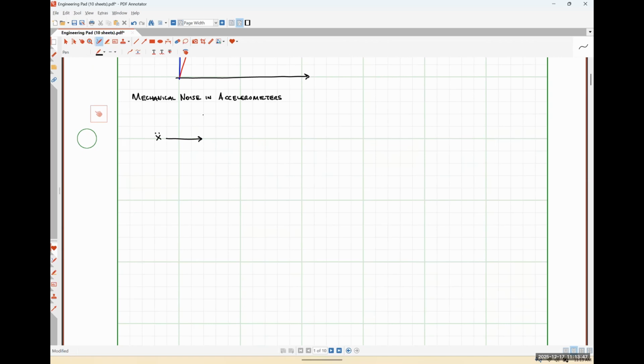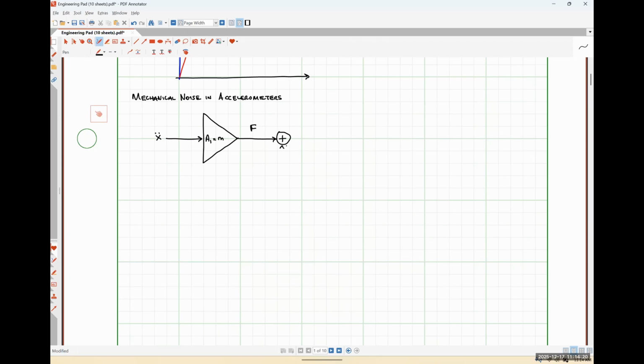So looking at an accelerometer from a signal flow diagram perspective, we have our input signal of an acceleration, which is going to be fed into this first stage. So I'm going to say that this is stage A1, and this is the acceleration acting on our mass. And so the output of this first stage is then some force, okay? Well, we know that any damping in our system acts as a noise force generator from our last lecture.